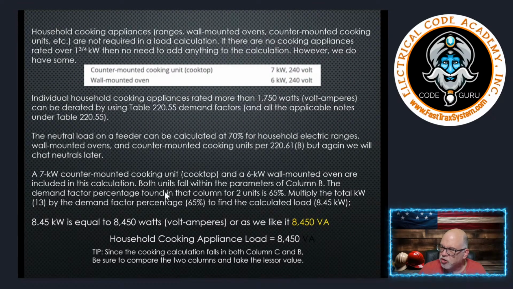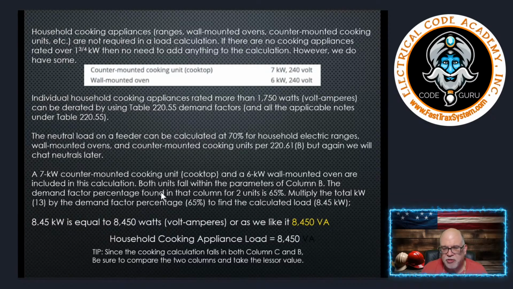You'll notice something interesting when it comes to the cooking appliances here. Both of these fall under column B of 220.55, right? It falls between 3.5 and not more than 8¾. Both of these fall right in column B.